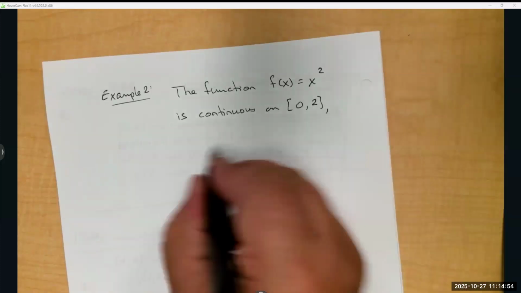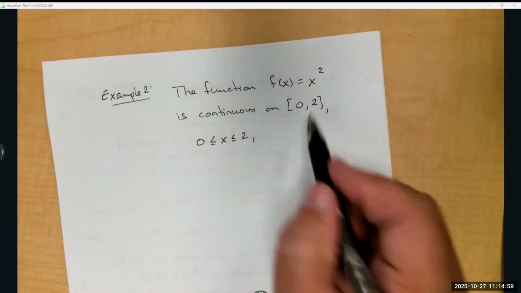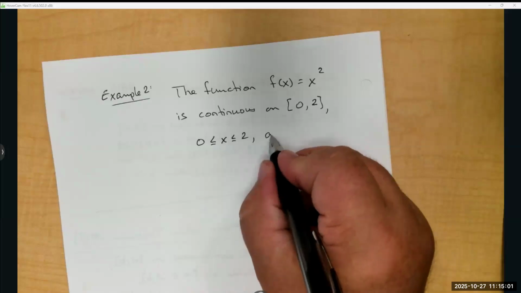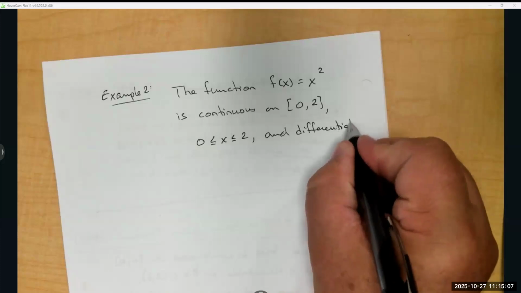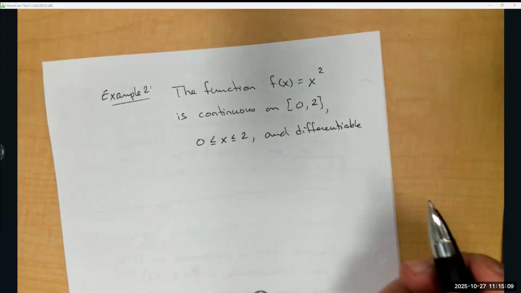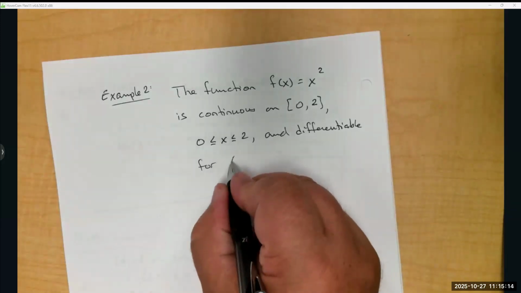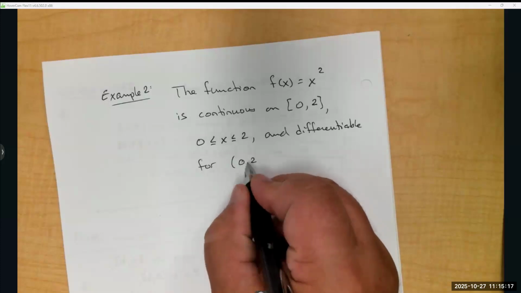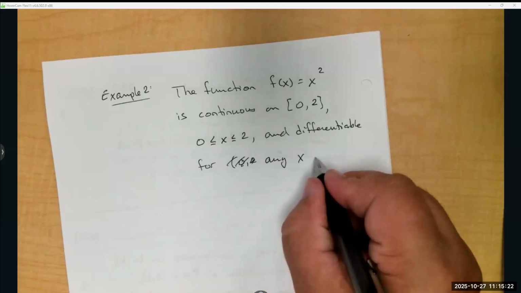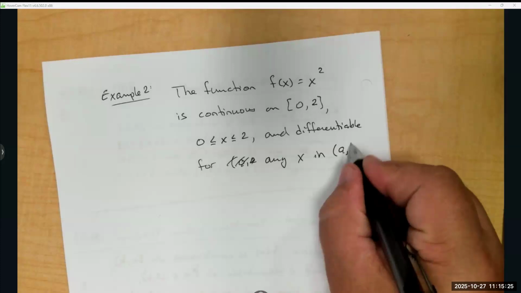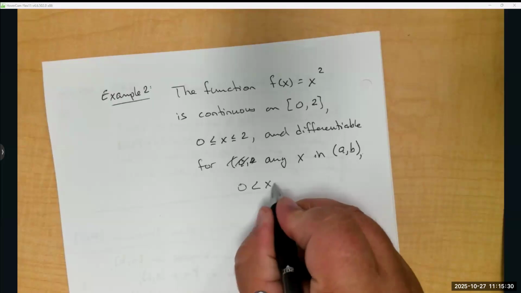The way it says it is 0 is less than or equal to x is less than or equal to 2, but I'd rather just tell you it's an interval. And differentiable for any x in the open interval, or any x between 0 and 2.